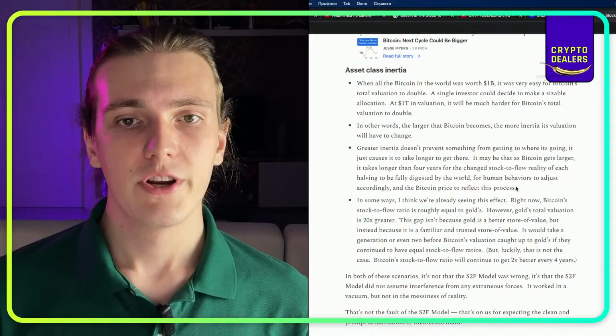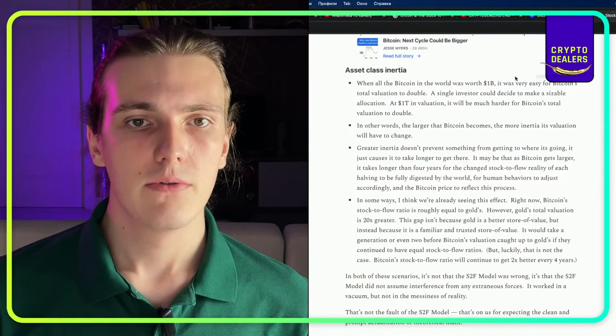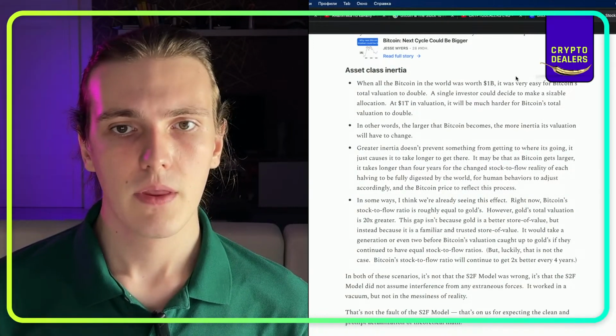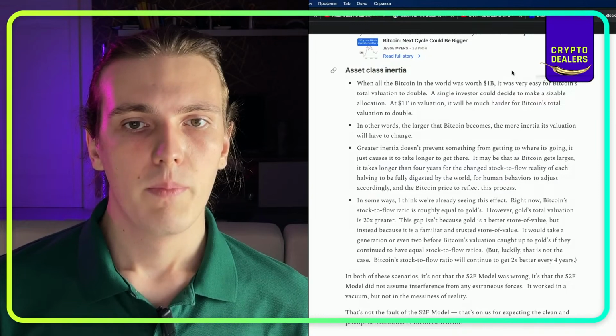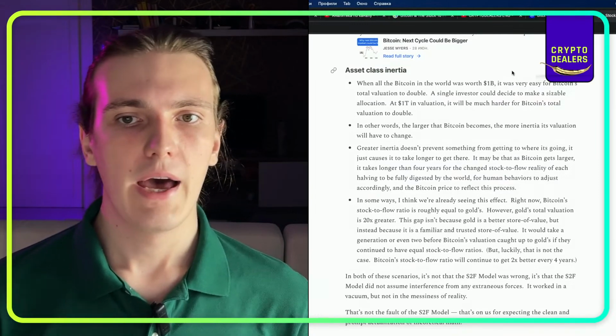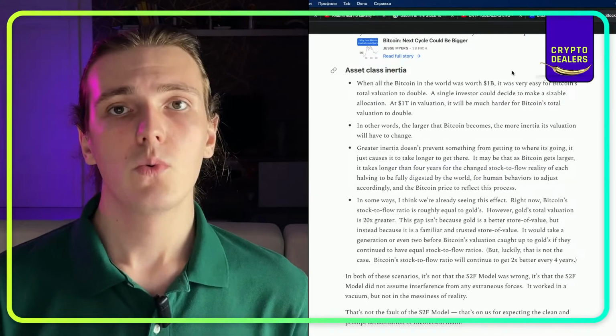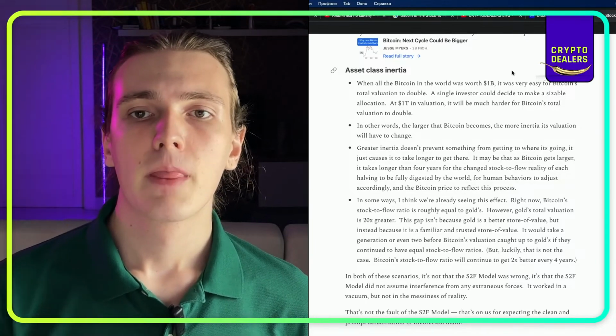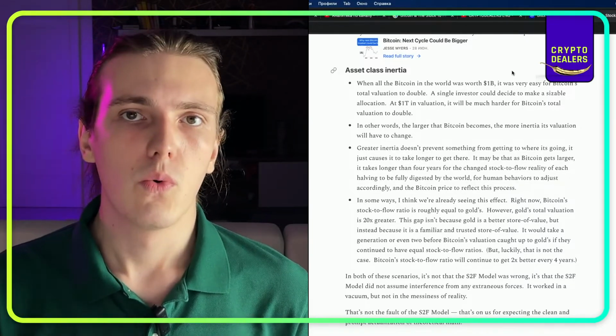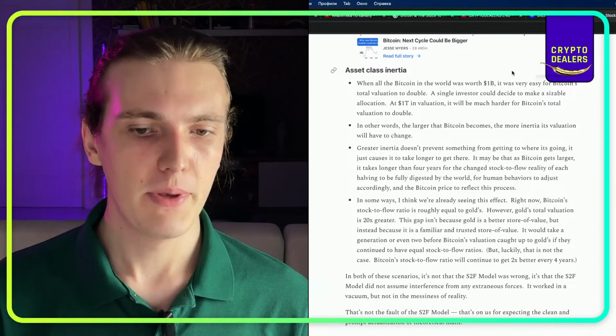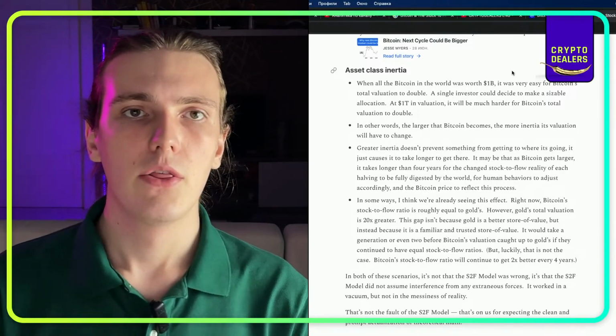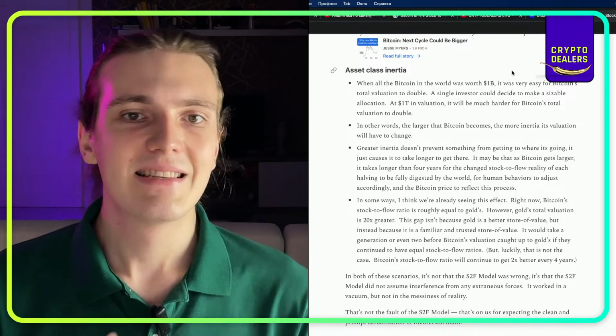This section is also very interesting. It talks about asset class inertia. Basically, Jesse talks about assets. When Bitcoin was worth 1 billion, it was easy for it to grow because the inertia in terms of people understanding the asset is small, right?